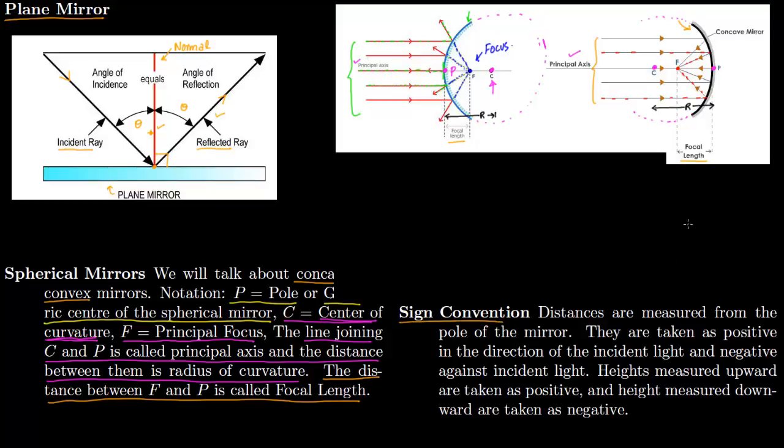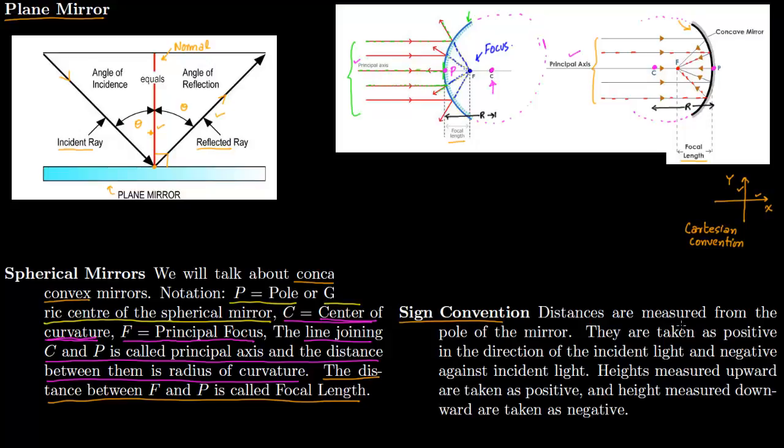To remind you, the Cartesian convention is just the standard plane with x and y axis. You have the x-axis like this and y-axis like this. This side is positive for the x-axis and this side is positive for the y-axis. We try to follow the same convention here, but here the light determines which direction should be positive.